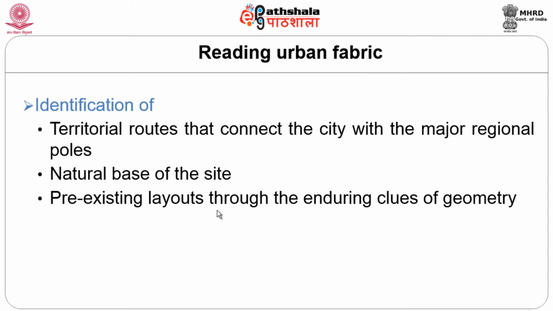The second one is identifying the natural base of the site, and the next one is identifying the existing layouts that will help in giving a clue of the geometrical shapes that identify the urban fabric. So, these are the main 3 methods which also have sub methods within them to read the urban fabric, so that you can create the future growth of the city.